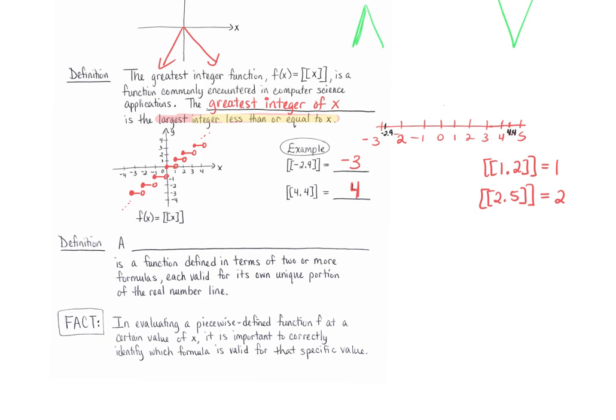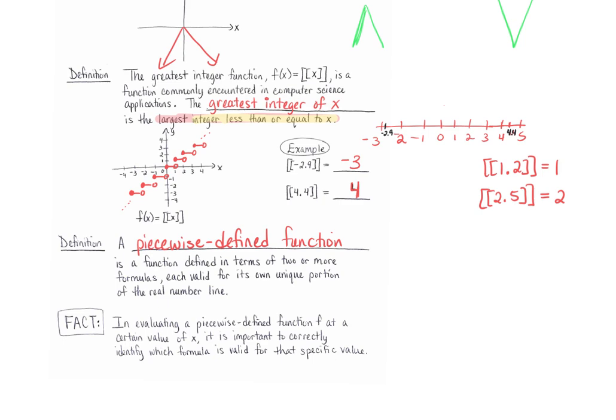A piecewise defined function. When you hear the word piecewise, what do you think? You think of separate parts or pieces? Good. A piecewise defined function is a function defined in terms of two or more formulas, each valid for its own unique portion of the real number line.